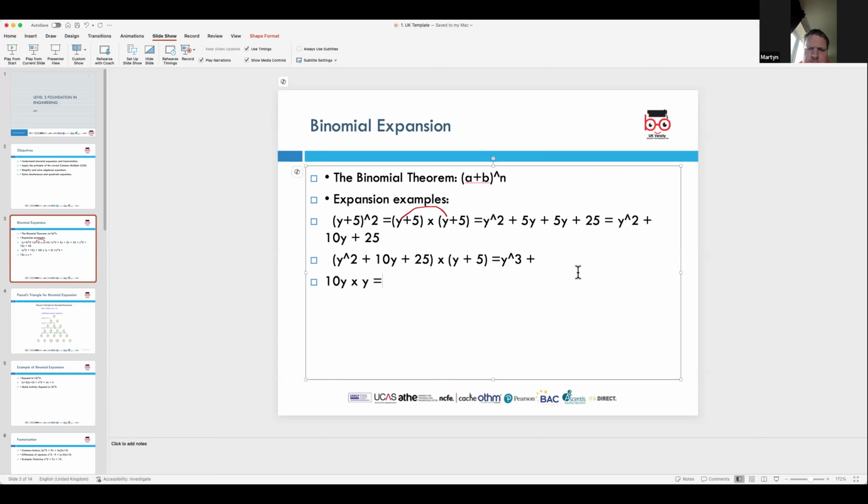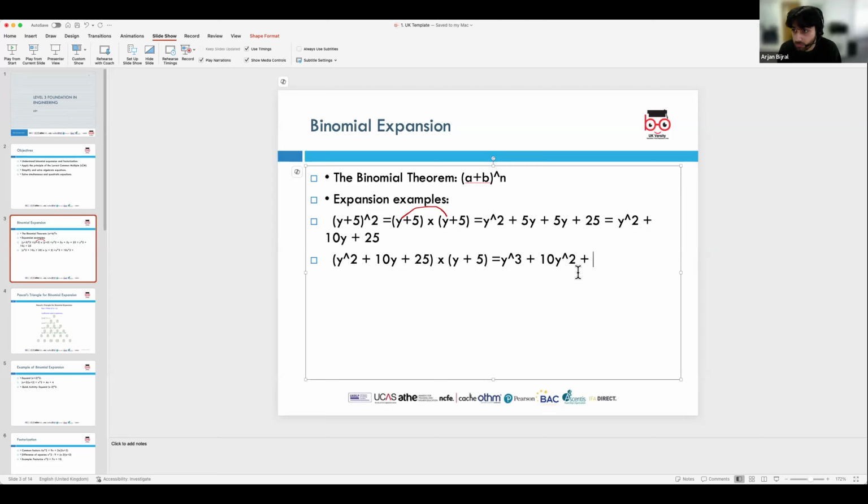The number would stay the same, wouldn't it? But wouldn't it be 10y squared? Absolutely, yes, it would be 10y squared.